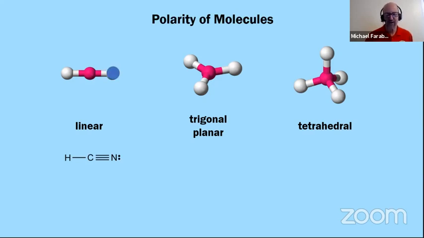HCN is no longer a symmetrical molecule, and the dipoles do not cancel out. For trigonal planar, I have picked a molecule. This is phosgene, which has a carbon, 2 chlorines, and an oxygen, no longer symmetrical like the boron trifluoride was on the previous slide. Tetrahedral, you have to have all 4 atoms the same in order for it to be nonpolar. So because I have 1 chlorine or 2 chlorines or 3 chlorines, that messes up the symmetry.